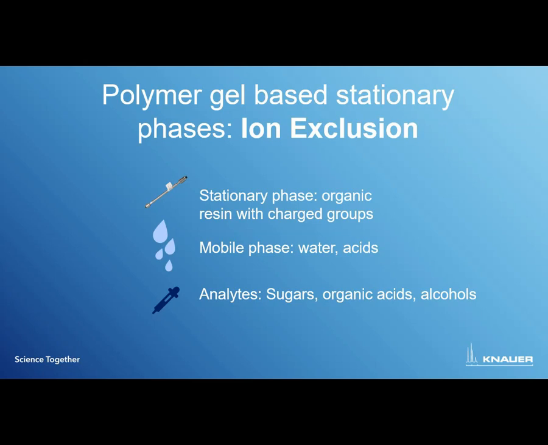Some of the modifications can also be used for organic acids and alcohols. And from the analytes, you see that these are really typical stationary phases for the food industry. So sugars, organic acids, alcohols, you can analyze a lot of soft drinks or wine or beer with it, to get an idea of the content of sugars, organic acid, and alcohol.